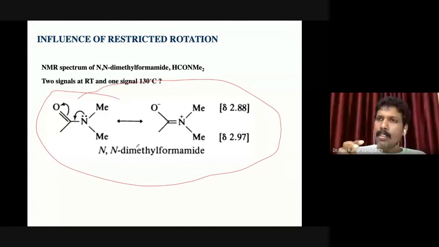So look for the heteroatom, whether it is present or not. And if a heteroatom is there, the lone pair electrons can be donated, and then the bond, instead of a single bond, will get partial double bond character, and that can lead to observing two different signals. So just keep this in mind.